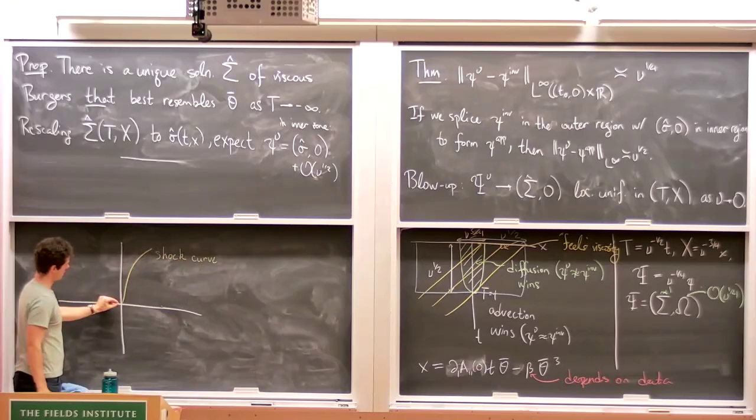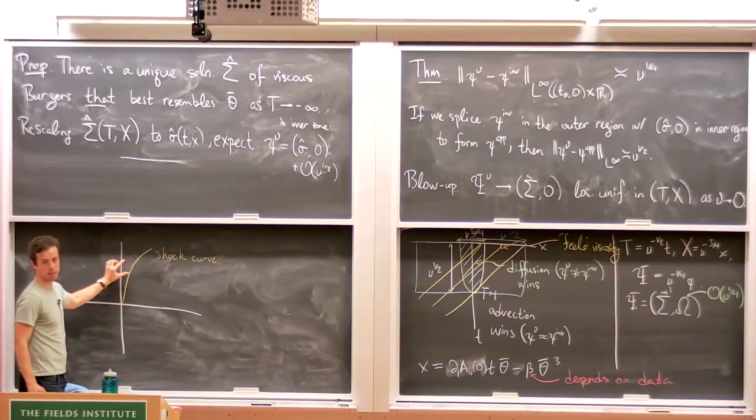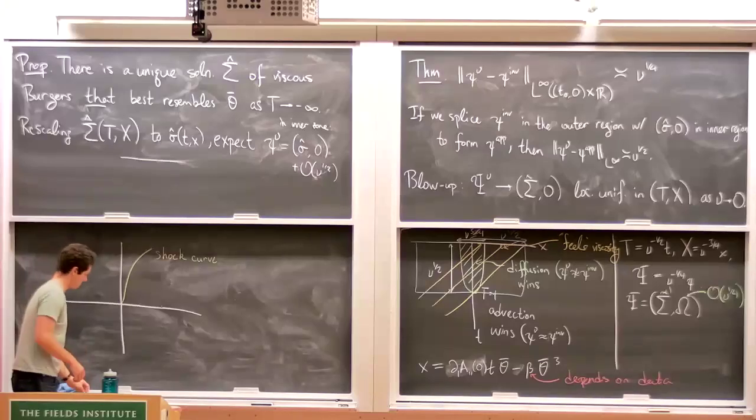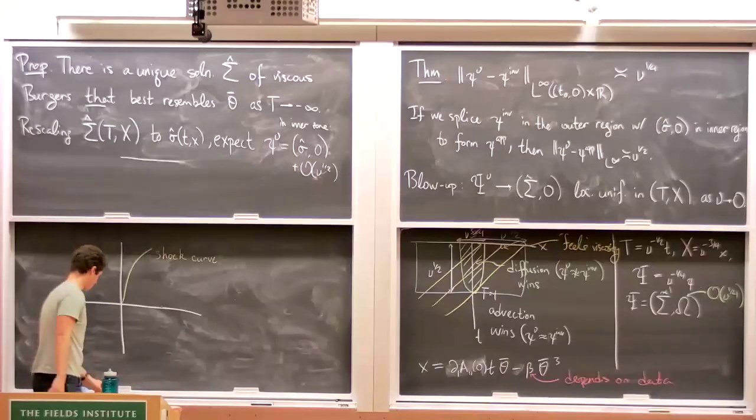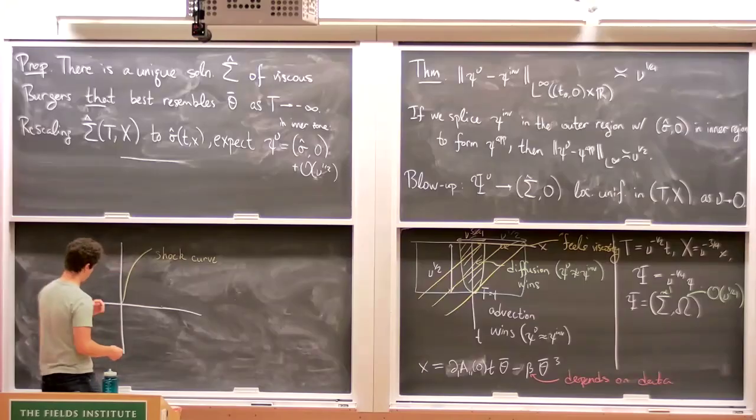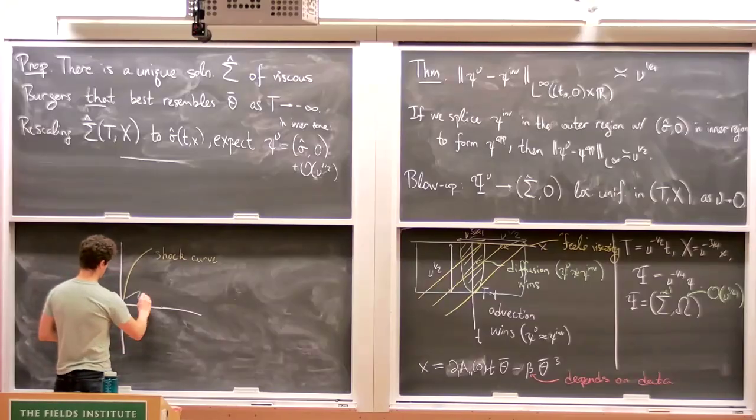And the corresponding size of the shock is going to grow from 0 at this location to a macroscopic size at a fixed positive future time. And actually, one can write down explicitly roughly how large it should be.